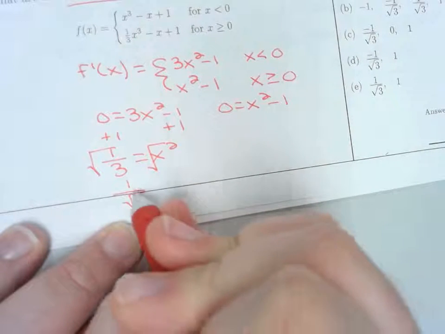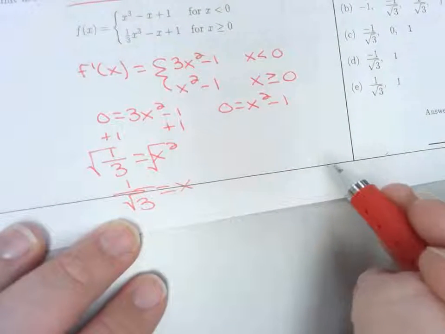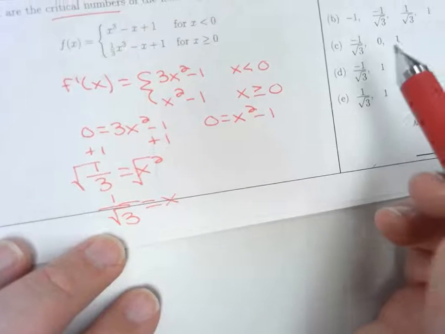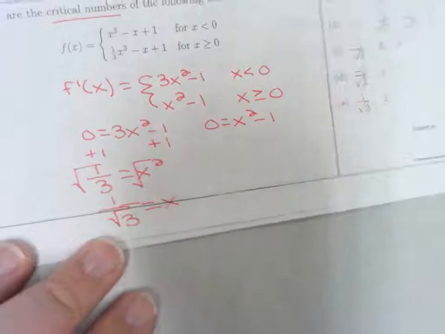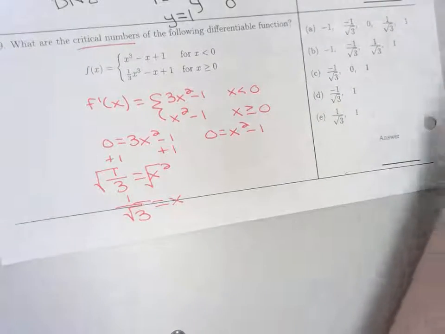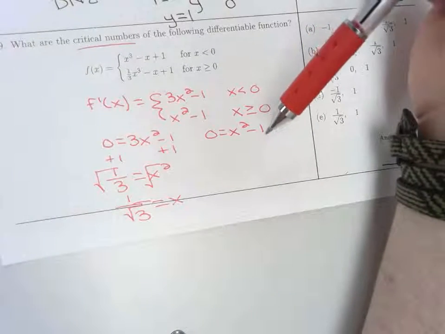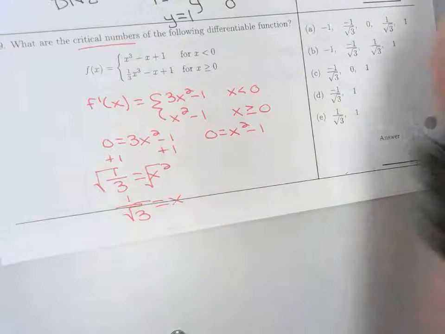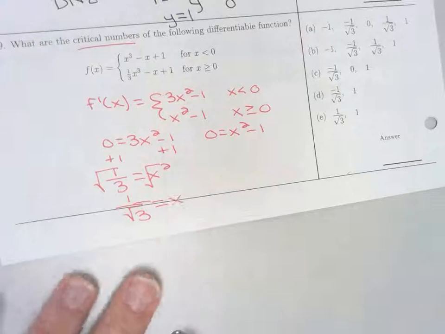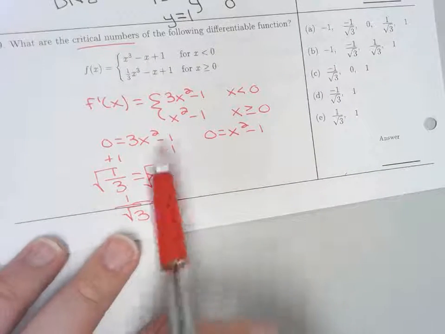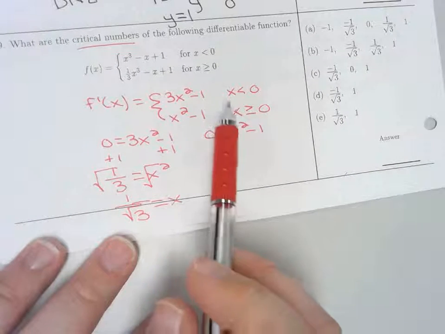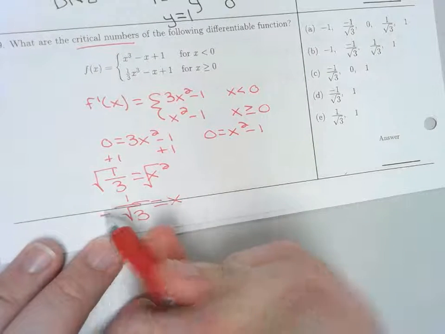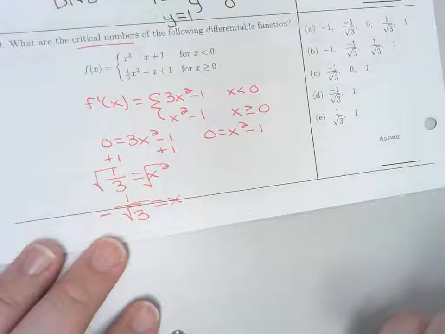You take the square root of the top and bottom. Plus or minus, right? Could be minus. It has to be minus. So that's a good catch. It's technically plus or minus, but for the top one, it's only for x values less than 0. So it's only your negative 1 over square root of 3.